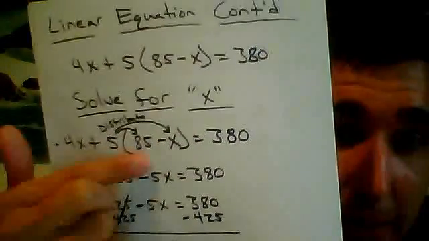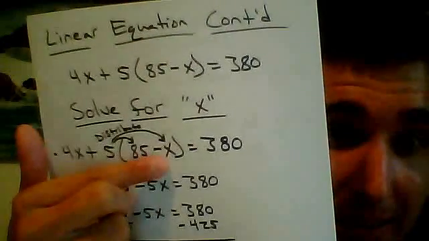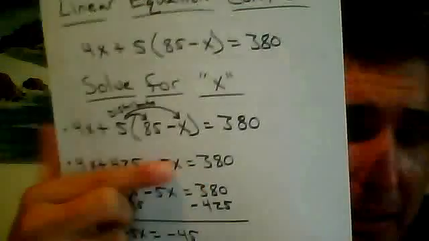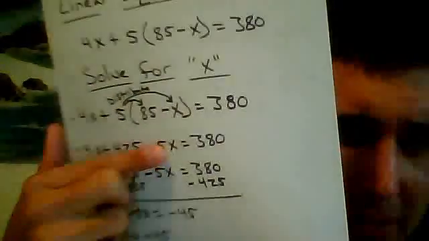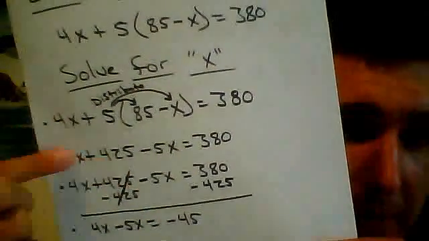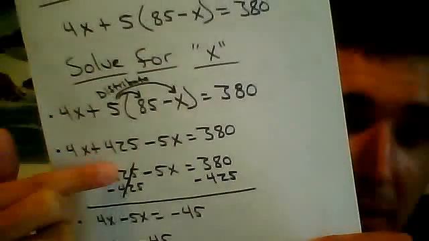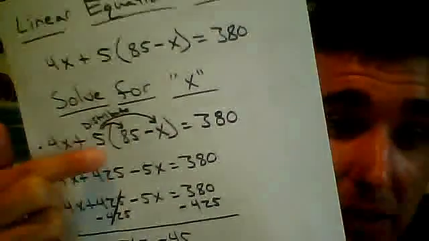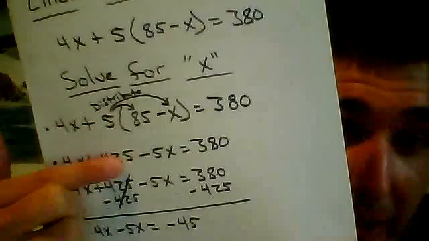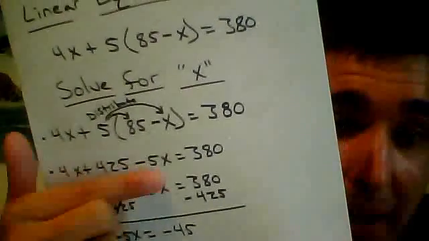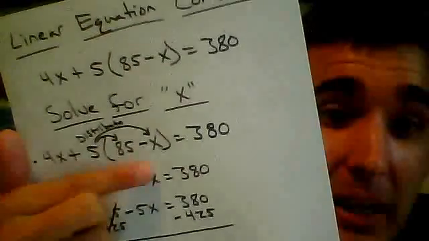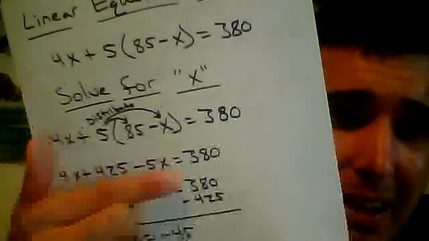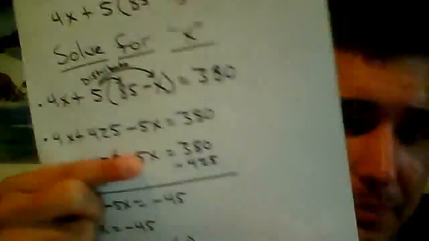So it would be 5 times 85 minus 5 times x equals 380. And it makes more sense when we come down here. Okay, so 4x plus 425, which is actually 5 times 85, minus 5x, which is 5 times your negative x. Remember to keep that negative sign in there, class, equals 380.